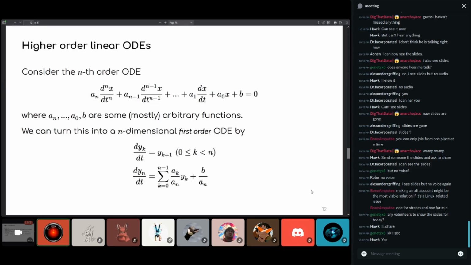And the time derivative of the (n minus 1)th derivative, d^(n-1)x over dt^(n-1), is just the nth derivative of x.